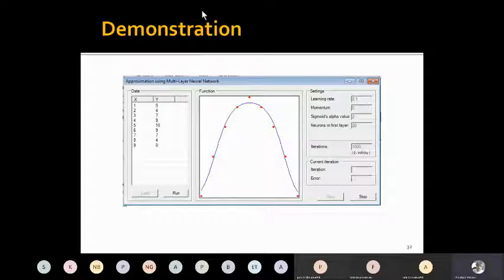I am not sure, can someone confirm if you can see a second window on top of my slide? Yes, sir. So I am now loading a text file. Can you see it?